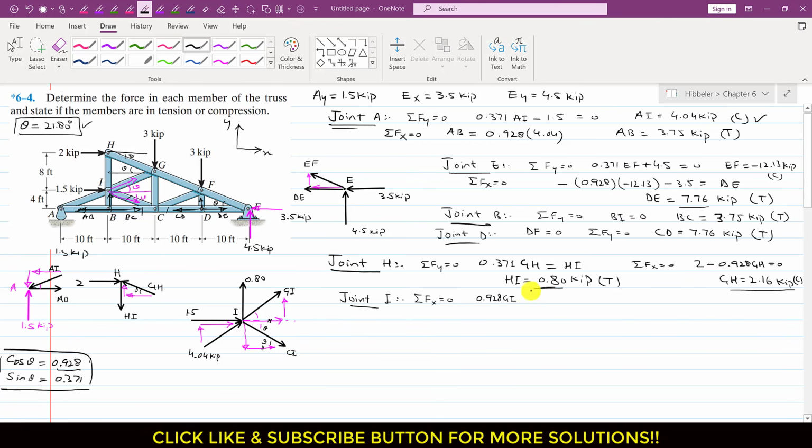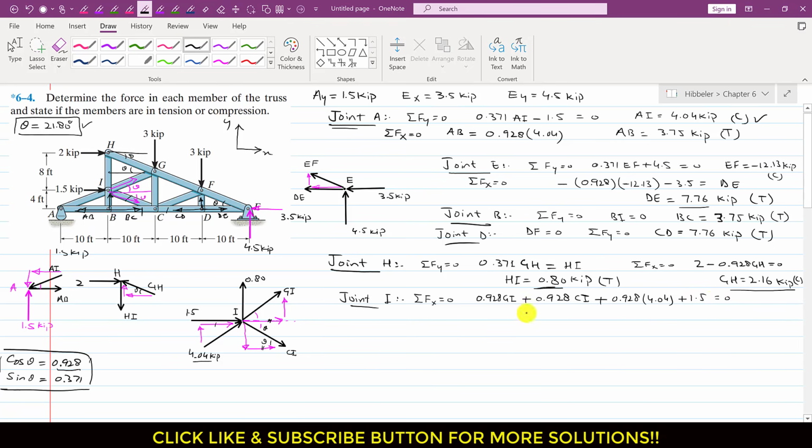So this is the cos component, so I will write plus 0.928 CI. And similarly this cos component of this 4.04 is also acting in the positive x direction, so this is again plus 0.928 times 4.04, and this 1.5 external force is also acting in the positive x direction, so I will write plus 1.5. This is equal to 0.